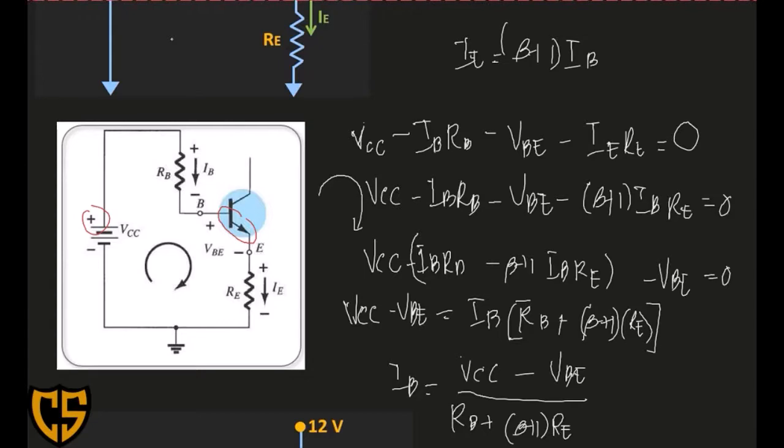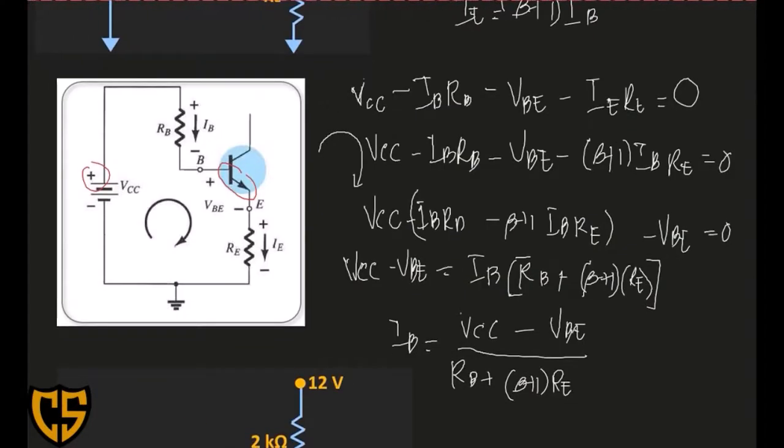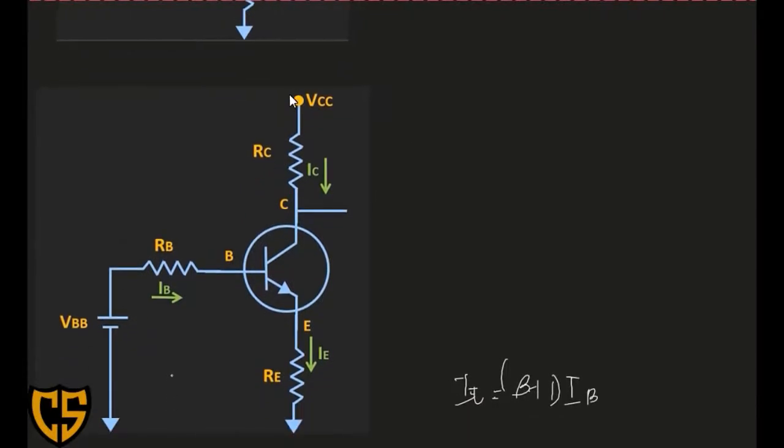Now our next goal is the output side. So for the output side, we will have VCC minus IC RC minus VCE minus IE RE is equal to 0.